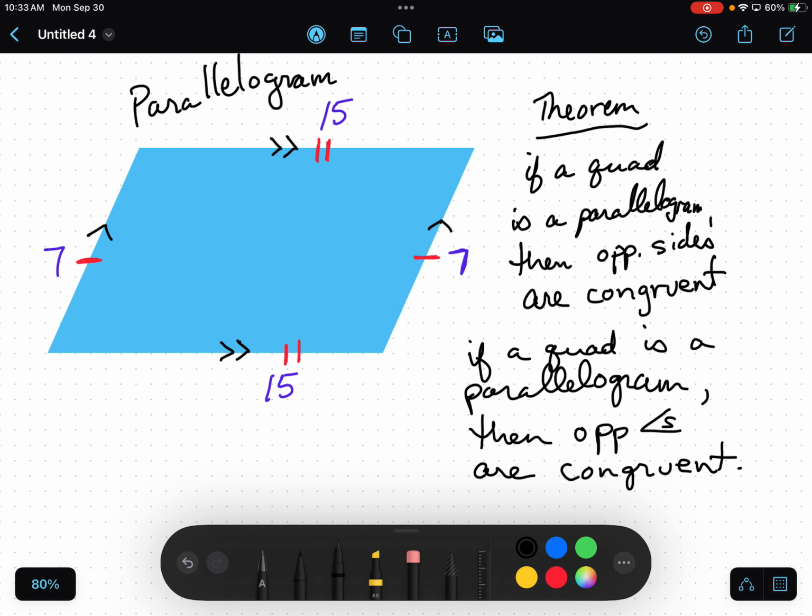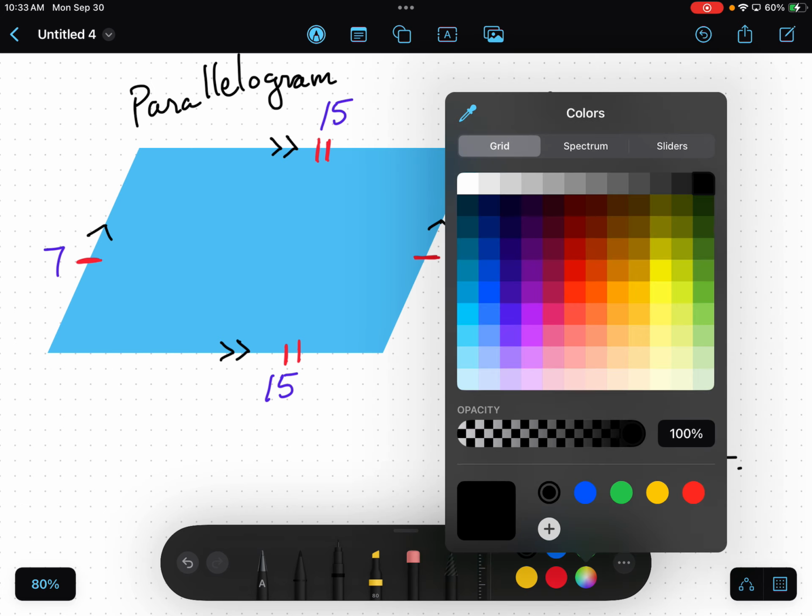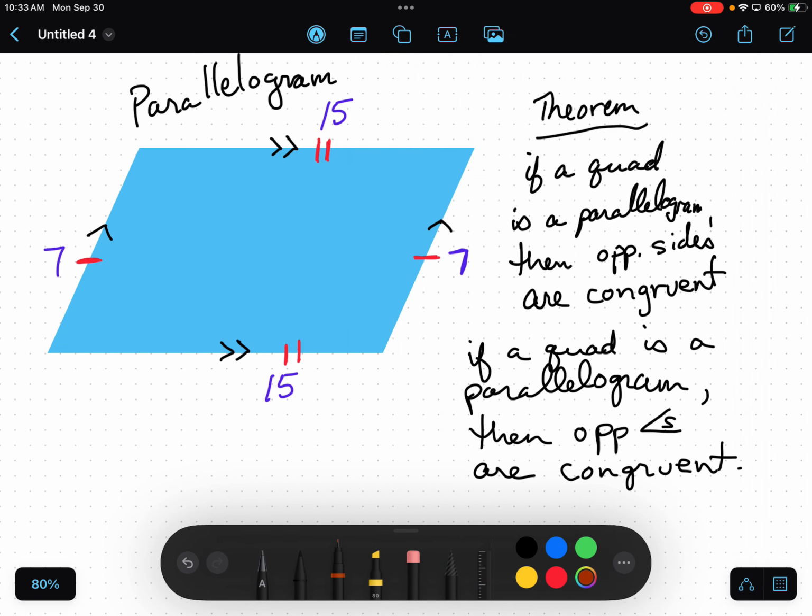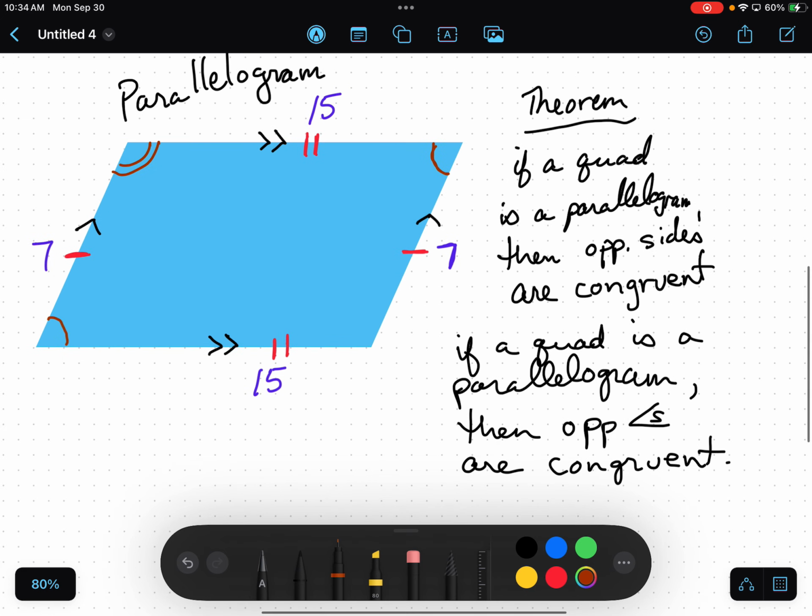So not only are the opposite sides the same, but the opposite angles are also the same. So that means this angle right here would be the same as this angle right there. This bigger angle at the top would be congruent to this angle at the bottom. Okay? Opposite angles are the same.